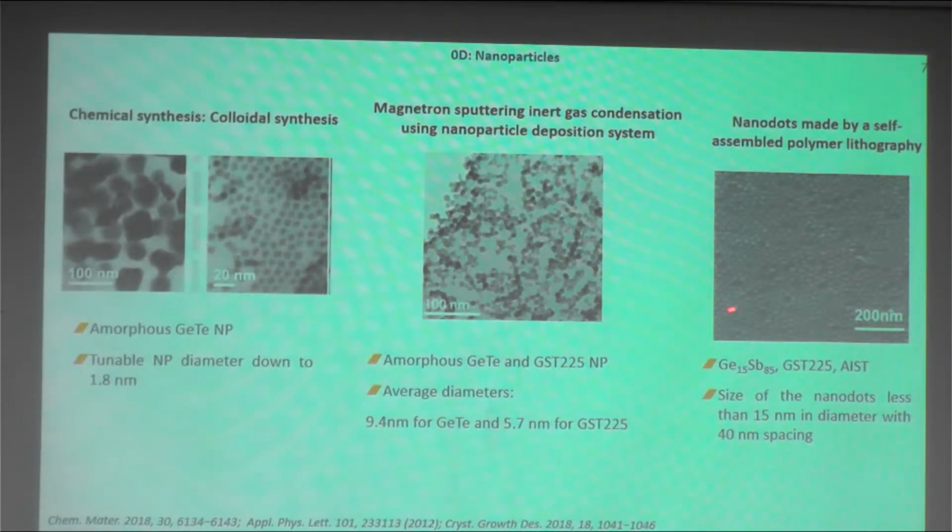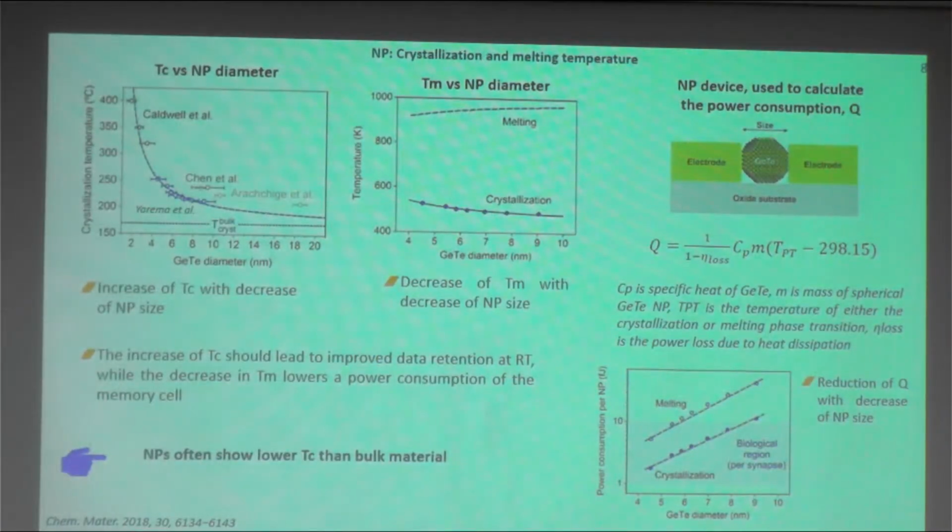So here you see that such nanodots can be produced on a substrate by a self-organized, self-assembled process.